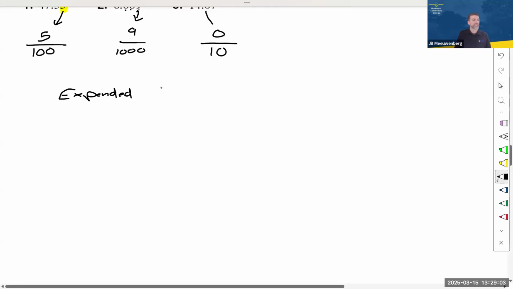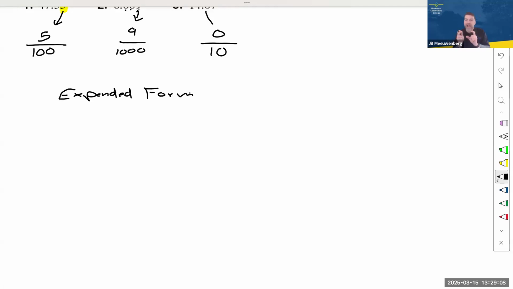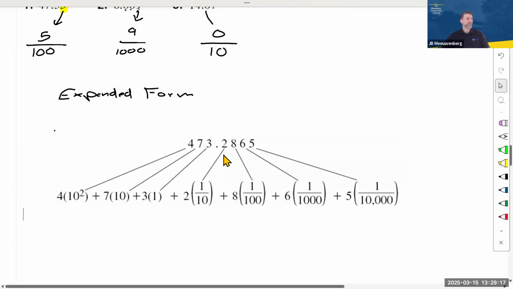When we write a number in expanded form, we are looking at the exact value of each digit in the number. And so here's what that would look like for 473.2865. So let's take a moment to examine this.